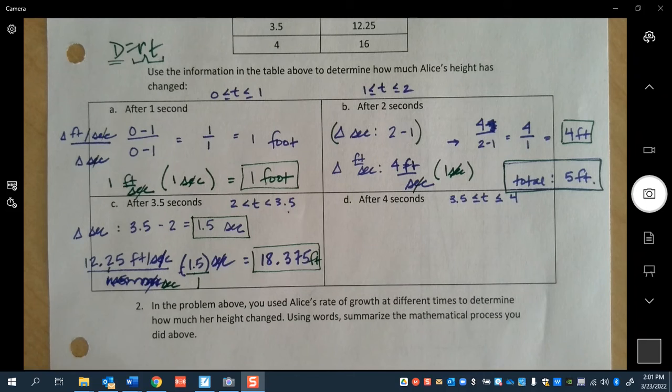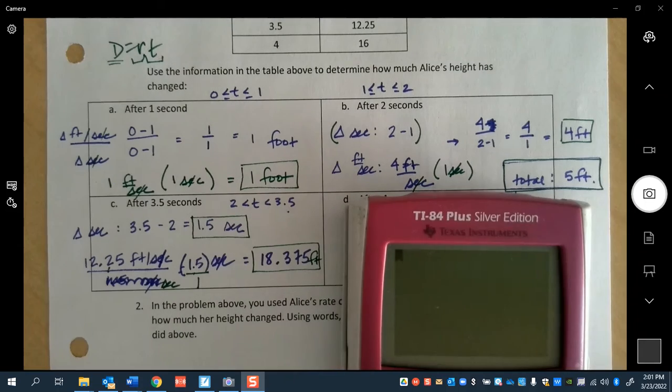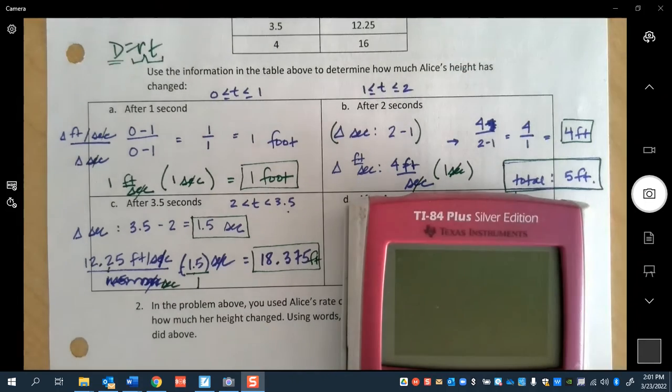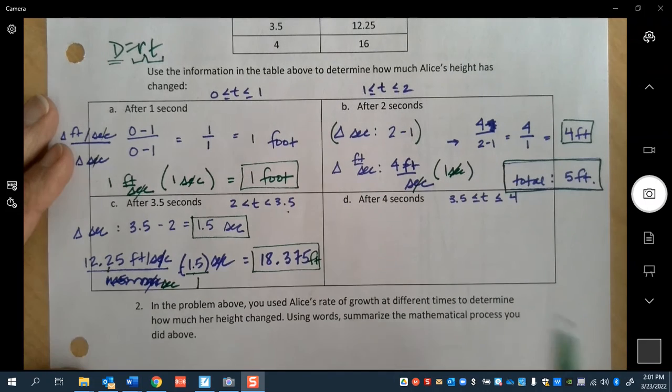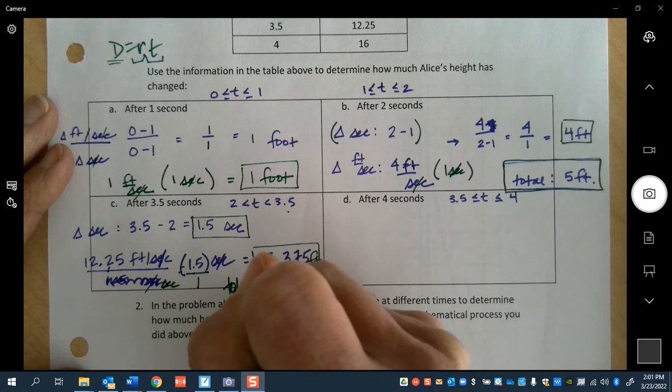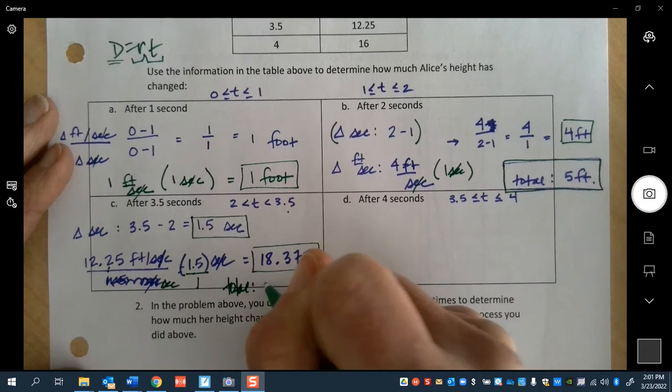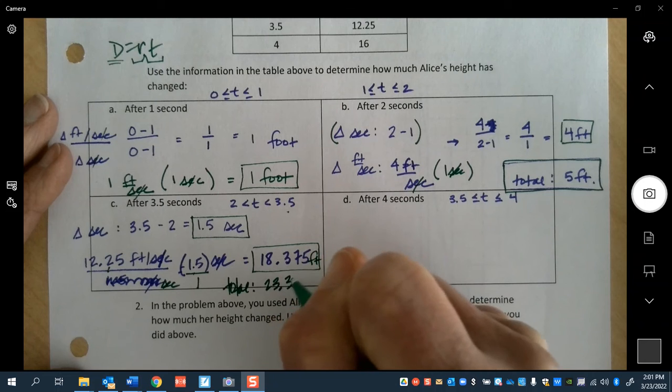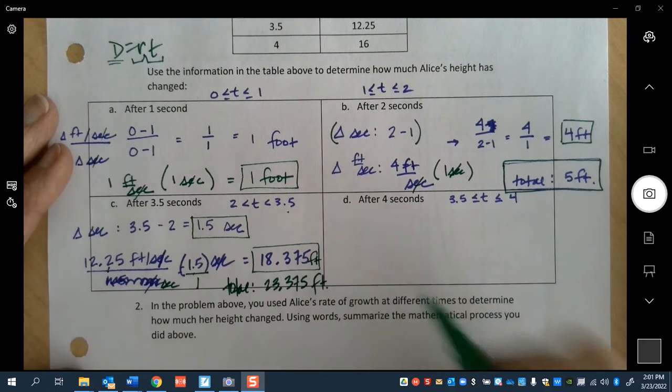So if I want to know how much she's grown total, I have to say, okay, well, she started off at that 1 foot, and then she grew 4 feet. And then in this super phase, she grew 18.375 feet. So if you ask me how tall is Alice at that minute, her total height is going to be 23.375 feet.